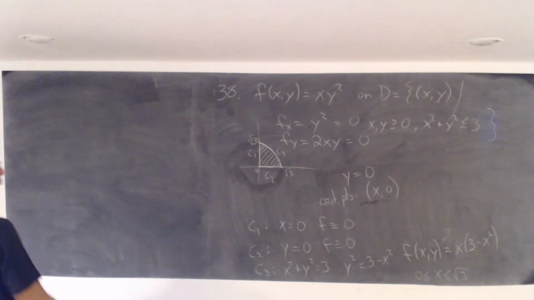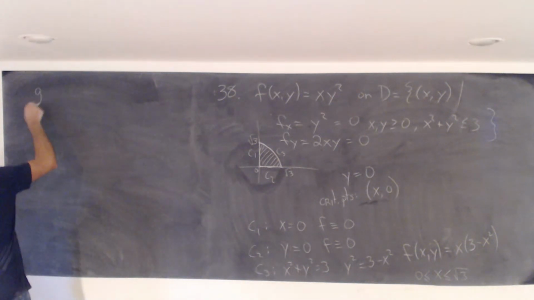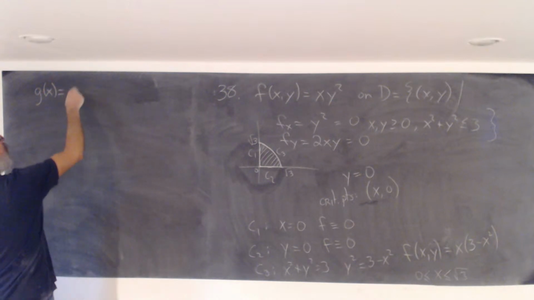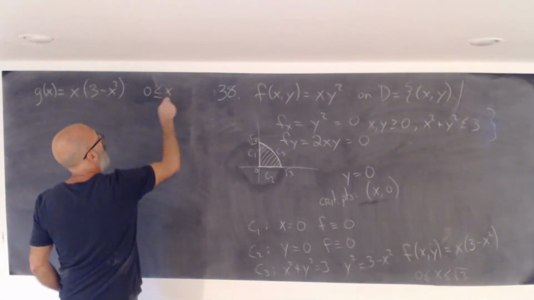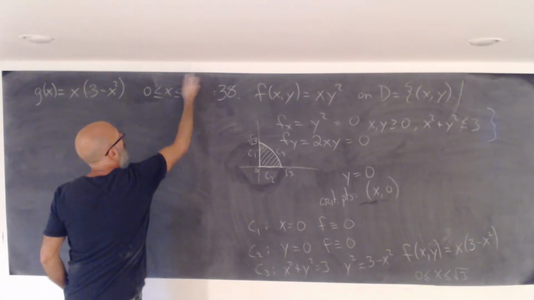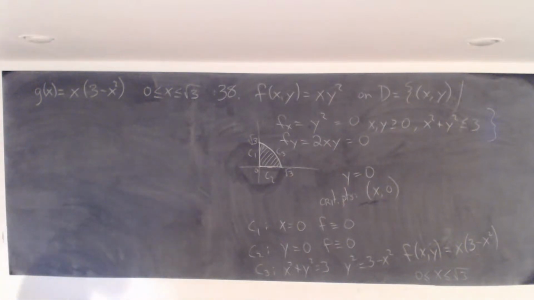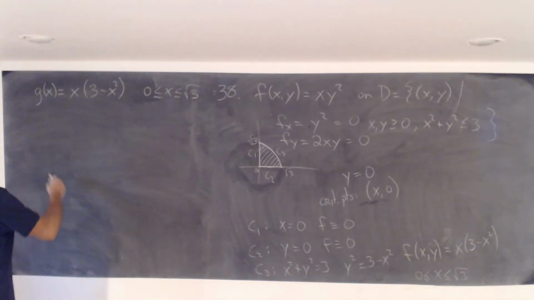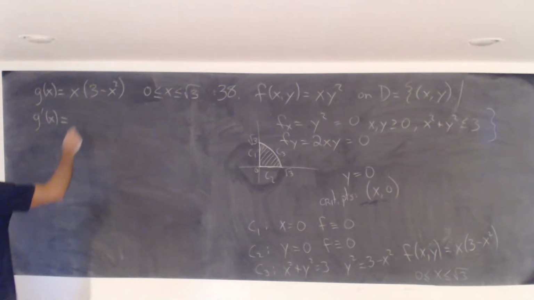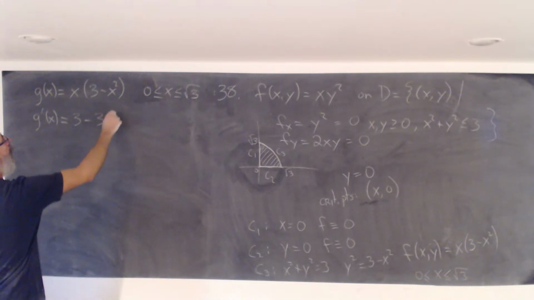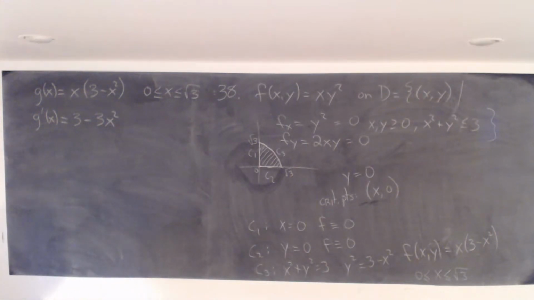So we're investigating this function. Let's call it g, which is x times 3 minus x squared, on this domain. And we're asking the question, where is the max and min? What are the max and min? Where do they happen? And you know what to do. Take the derivative. That's the derivative.